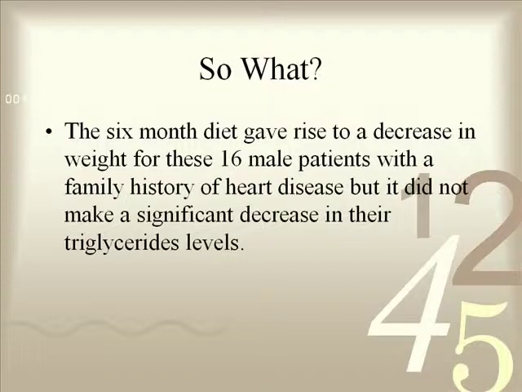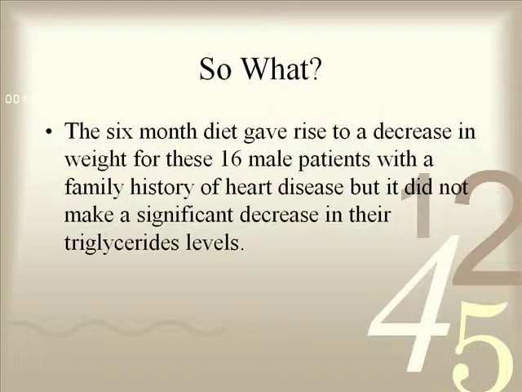The 6-month diet gave rise to a decrease in weight for these 16 male patients with a family history of heart disease, but it did not make a significant decrease in their triglyceride levels for these particular subjects.